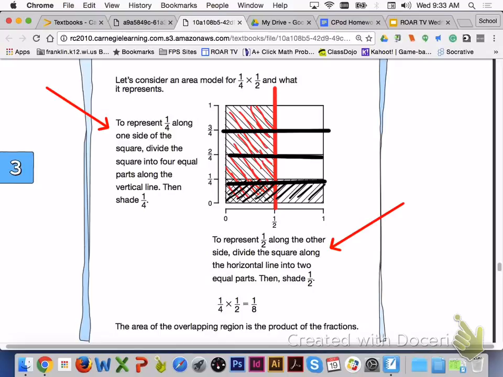Then to represent 1/4 of the square, I'm going to divide the square into 4 equal parts along the vertical line and then shade in 1/4, and that's represented in black. The area of the overlapping region is the product of the fractions. So using this area model, 1/4 times 1/2 is equal to 1/8.